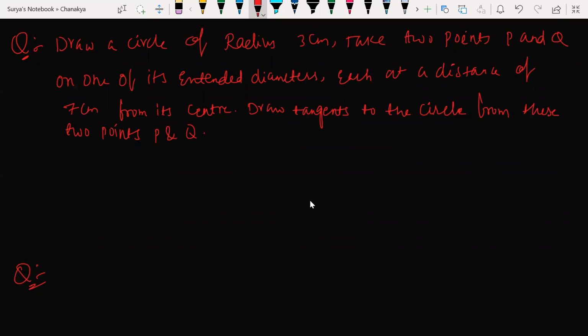Next, I'll just draw a circle with the help of a bangle, or you say anything. This is the question given. Take a point outside the circle.